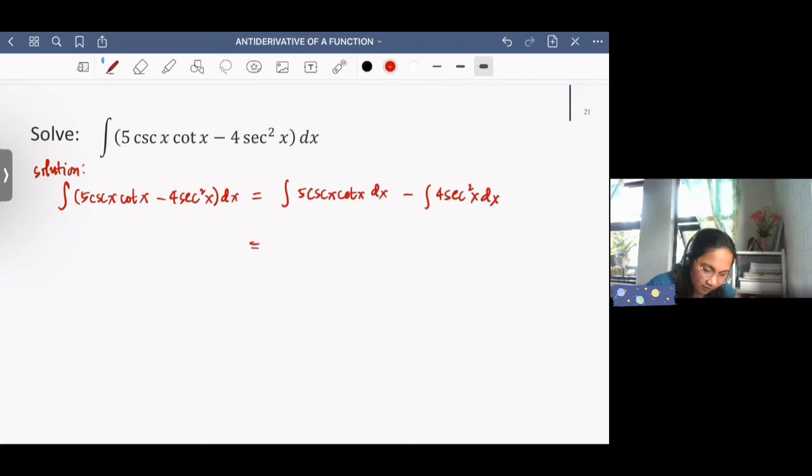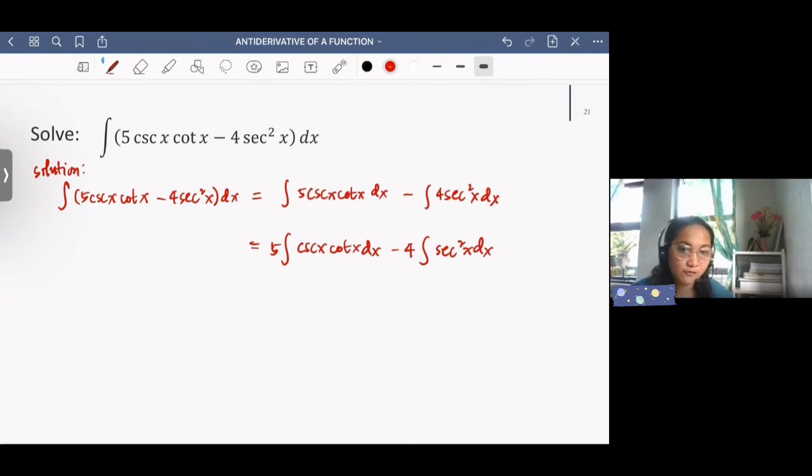So this is now 5 times the integral of cosecant x cotangent x dx minus 4 times the integral of secant squared x dx. Next is we will go to our table of integrals and look for a formula or rule which pertains to these two integrands. Okay? For cosecant x cotangent x, and secant squared x.